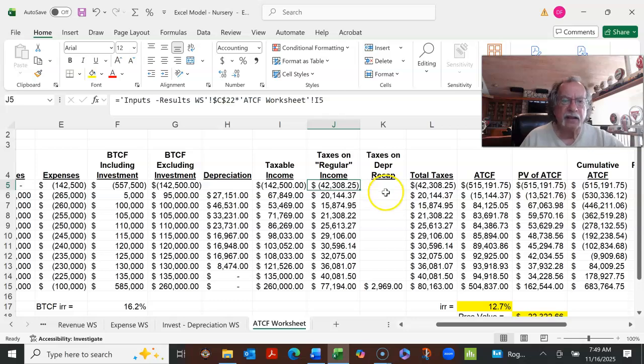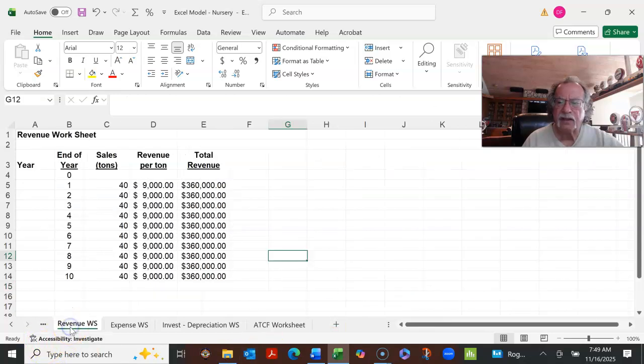We then calculate the taxes on the depreciation recapture. And this is based upon selling the assets for greater than or less than what we paid for them.